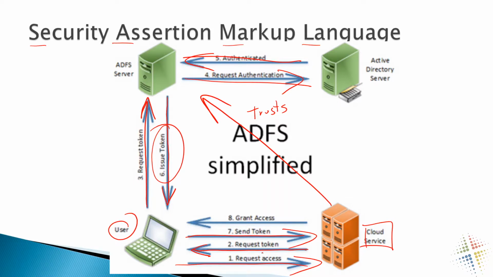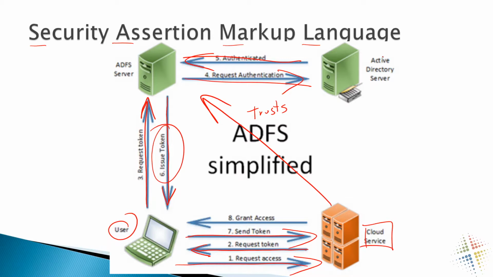And the cloud service says, perfect, you're the Pope, or whoever you want to be. And I'm going to go ahead and grant you access. So ADFS works just that easily. Well, I say easily. If you've ever set it up, every single one of these steps can be tweaked and might need to be configured properly, but it does work just that simple.